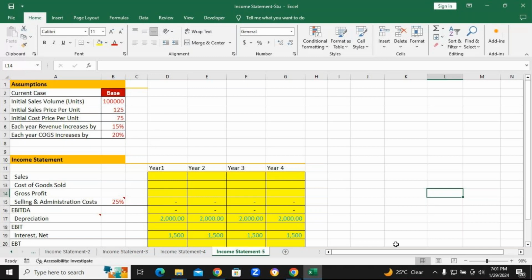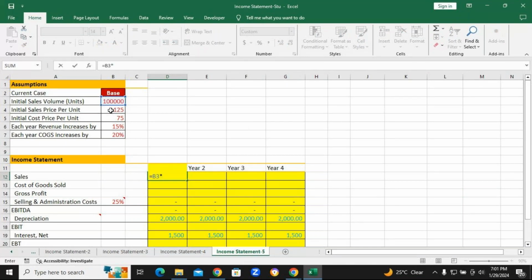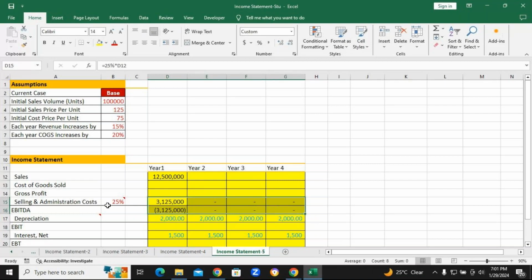So let's start. For year 1, I'll write equals 1 lakh into the initial sales price per unit. I'll just remove the values that are appearing. It is 1 lakh 25,000.